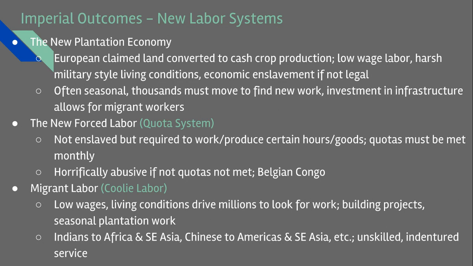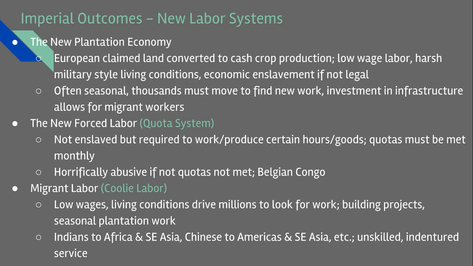Many Indians migrate to Africa and Southeast Asia. In fact, the majority of the railroads that the British build throughout sub-Saharan Africa are built by Indian labor because they had previous experience with railroads as well as bridge building technology and engineering.